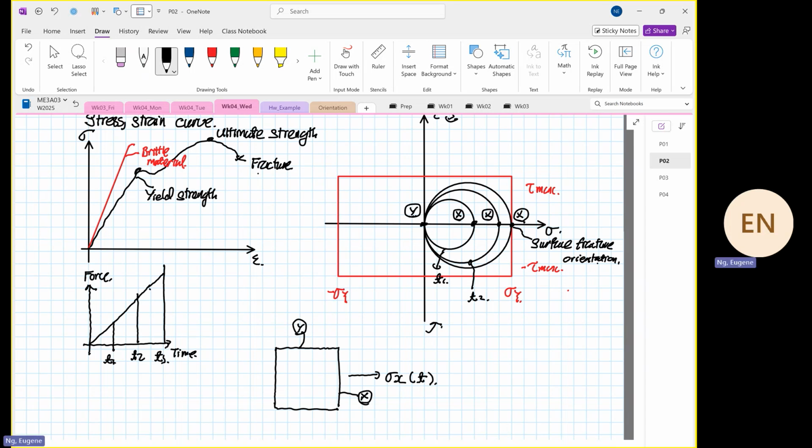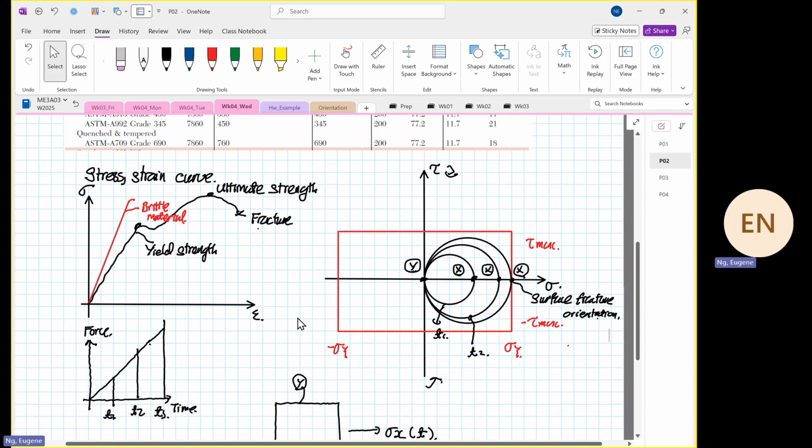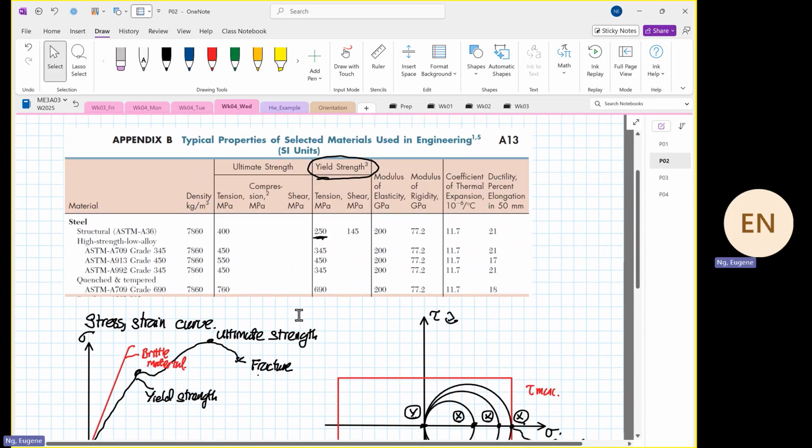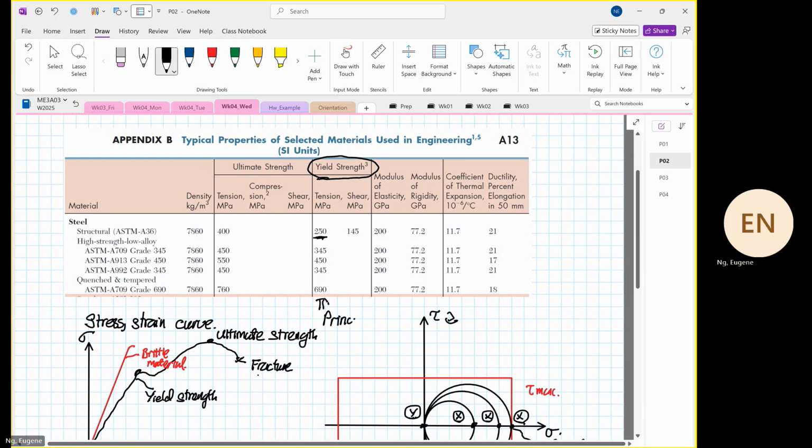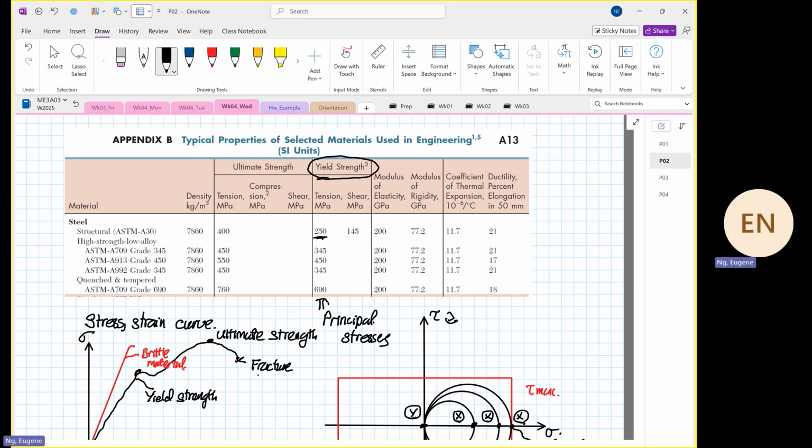Of analysis. So now, coming back to the materials handbook now. What you see over here, all these values are our principal stresses.